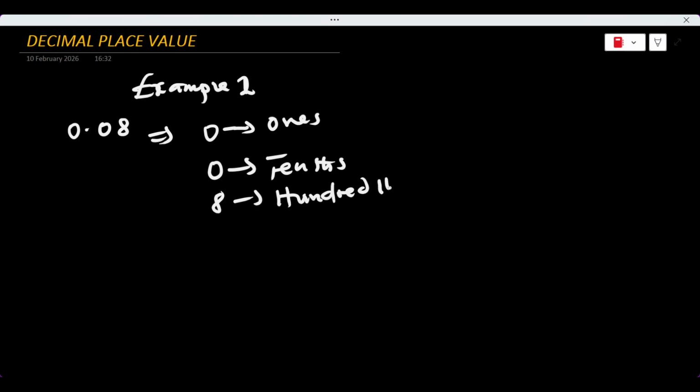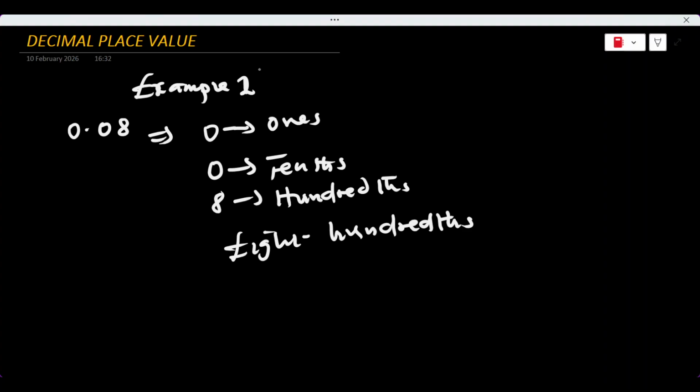We read this as 8 hundredths. We do not say 0 tenths and 8 hundredths. The 0 is no digit, so we don't pronounce it.